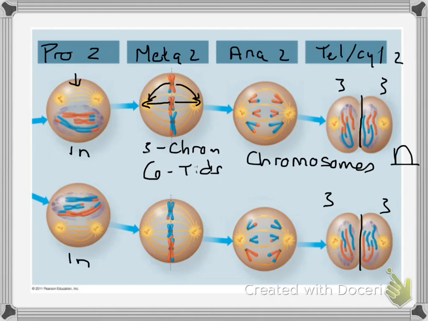Now, when you go through this, you want to really be able to think about the numbers of chromatids and the numbers of chromosomes. When you go through anaphase, you separate those chromatids and they become chromosomes, and that's part of the key to making this whole thing work.